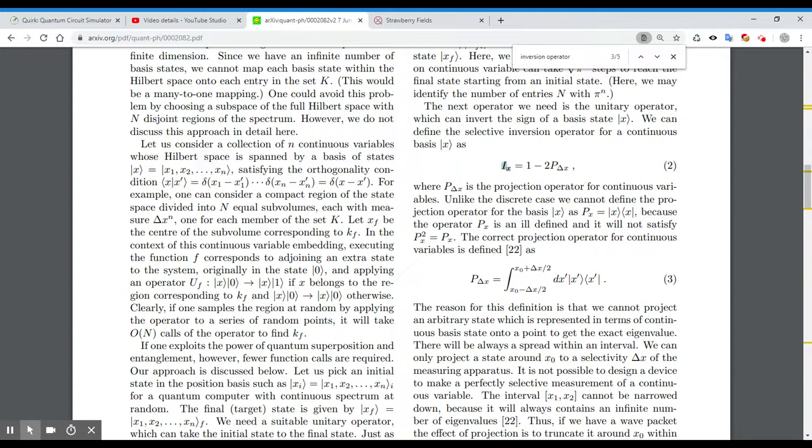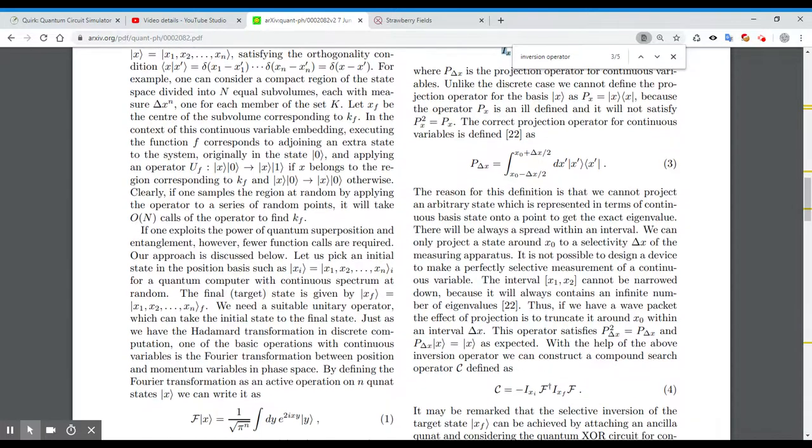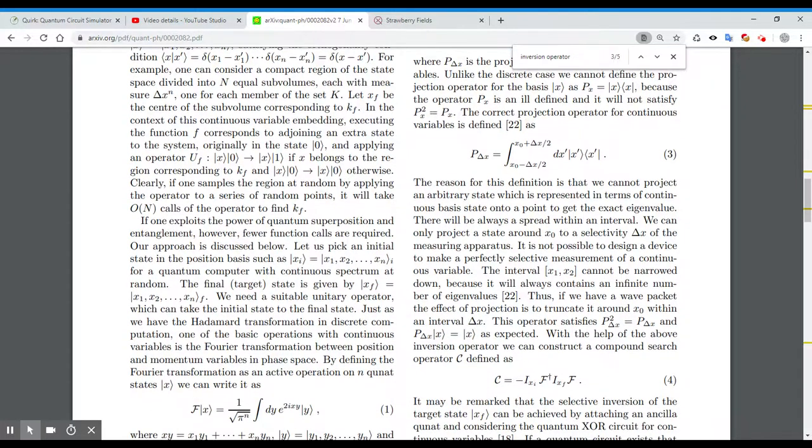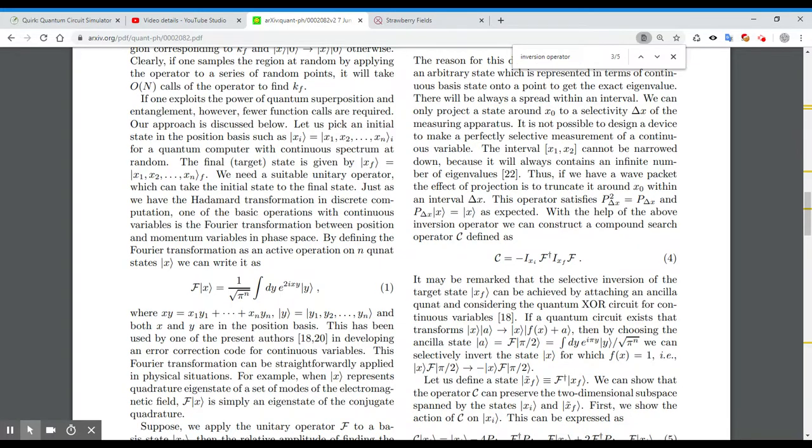So how would that translate actually into a quantum gate? The search operator. Is this compound search operator the actual whole thing, or is it used in combination with the Fourier transform?